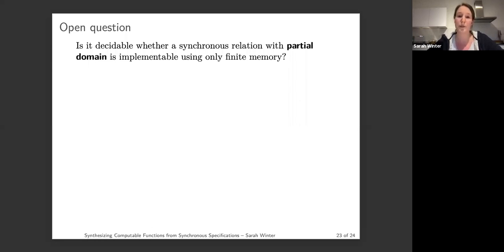We know for total domain, if there is an implementation, there is always one by a sequential transducer, which is a finite memory device. So for total domain, this question is not open, but for partial domain, we don't know.